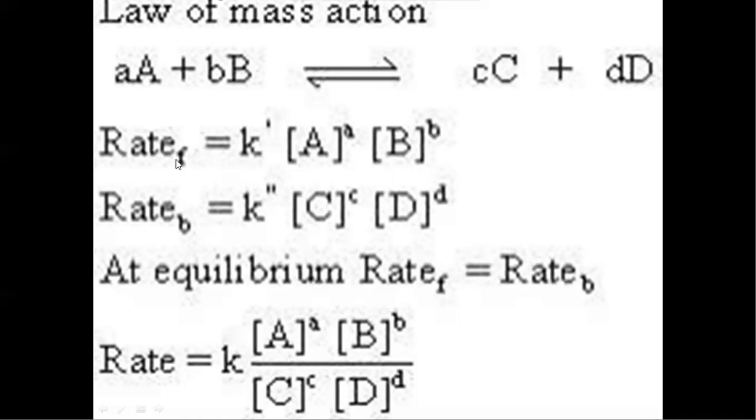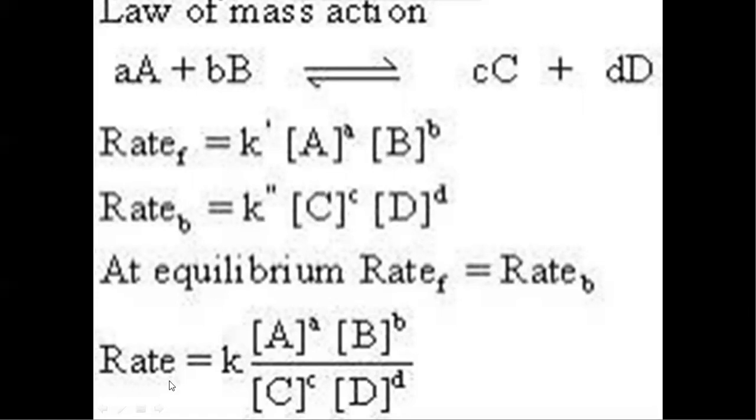So here the rate of the forward reaction equals K prime into A concentration into B concentration. The rate of the backward reaction equals K double prime into C concentration into D concentration.